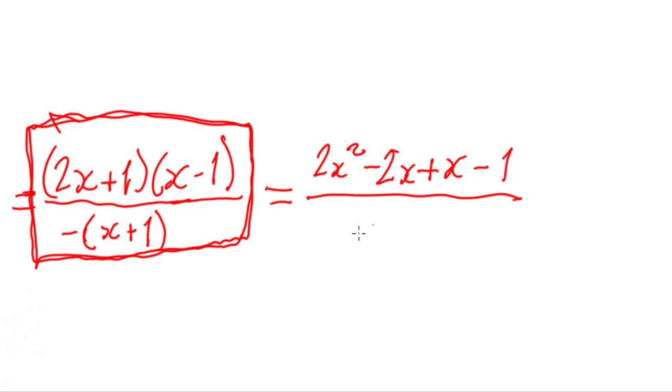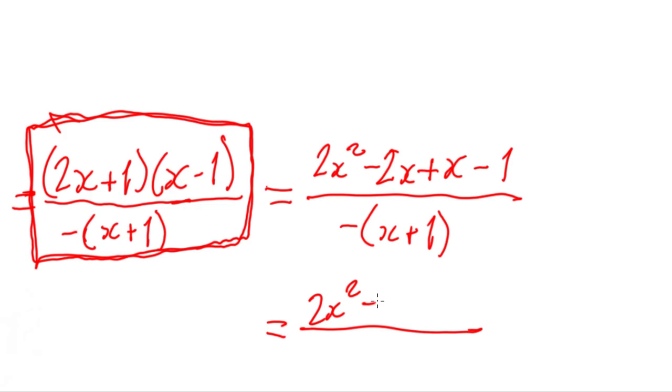And then in the denominator, I think it's much better to write it this way: negative quantity x plus 1. Simplifying the middle term, the numerator, what we'll have is 2x squared minus x minus 1, all over negative x minus 1.